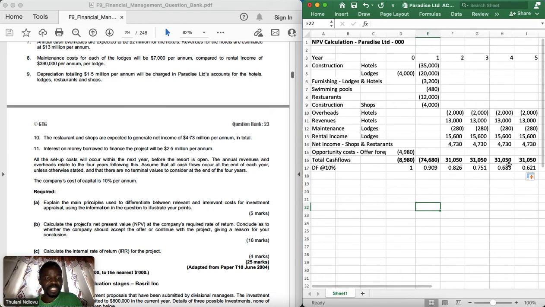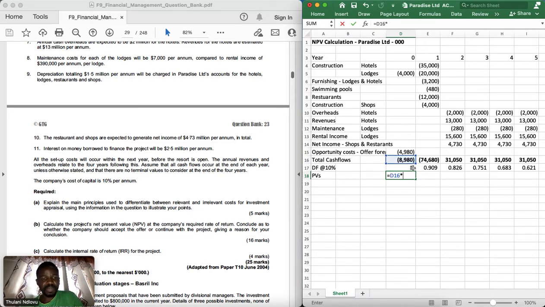Or we can easily copy these discount rates from our present value tables. Then we get our PVs. Our PVs would be simply cash flow multiplied by the discount rate. Then we can copy the formula to year 5.